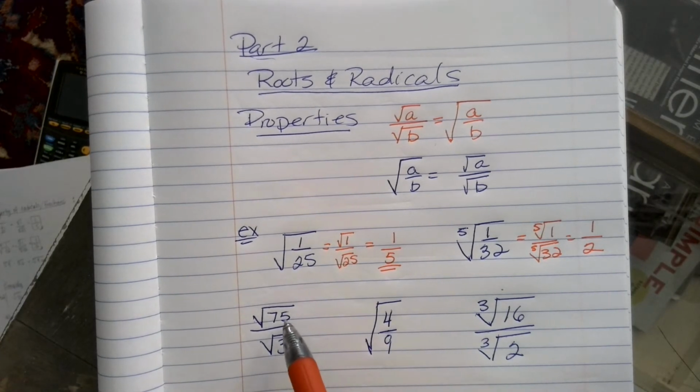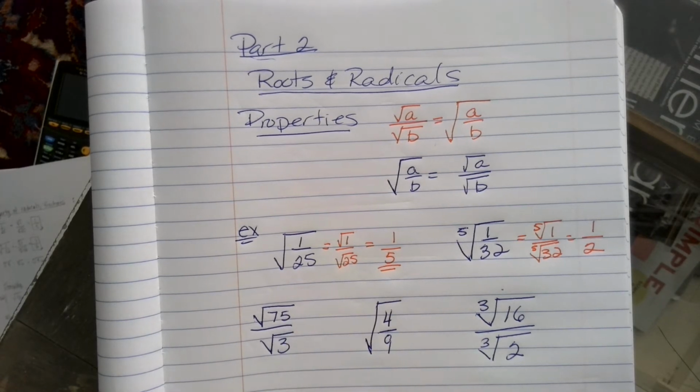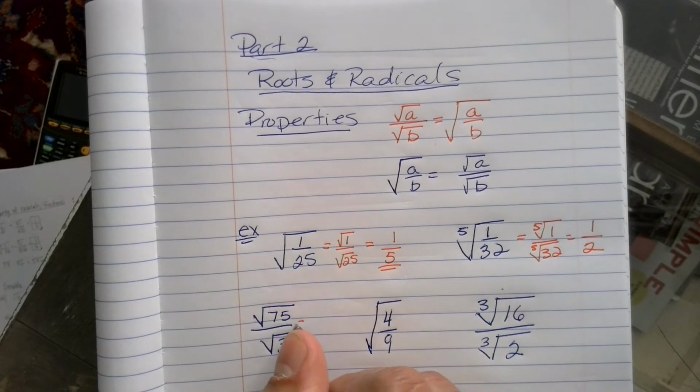In this case, we have radical 75 over radical 3. The square root of 75 over the square root of 3. And there is no square root of 75, so this problem could be done another way. It could be done by simplifying the top and looking for common factors. But the easiest way would be to write this as a single fraction.